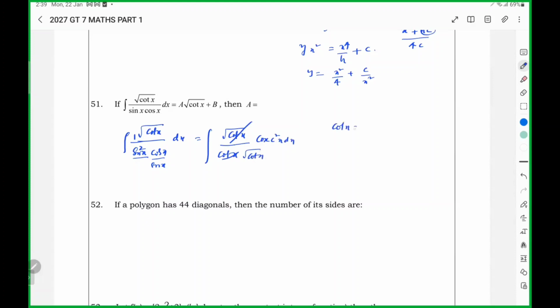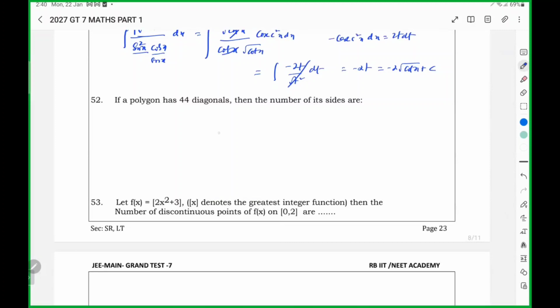Cot x, you take it as t square, dx is 2t dt. So minus 2t, that is minus 2 root cot x plus c.